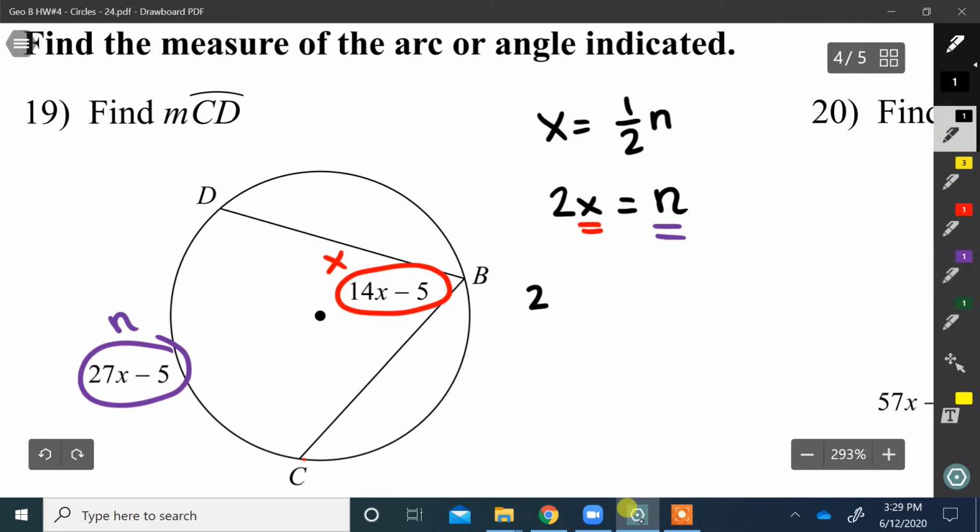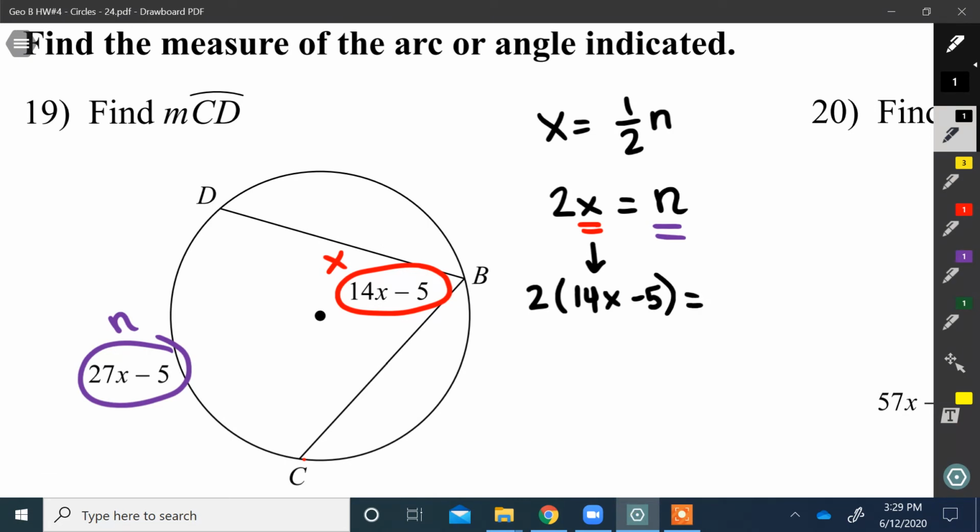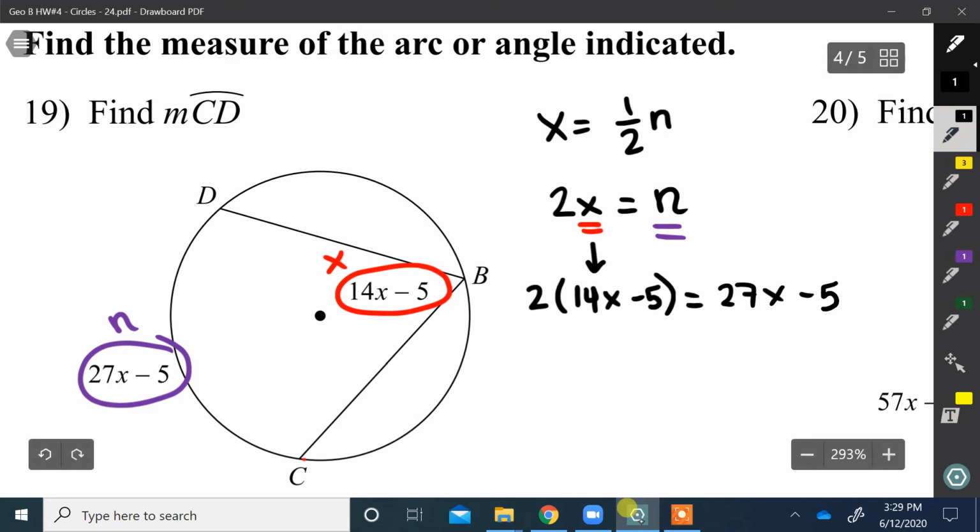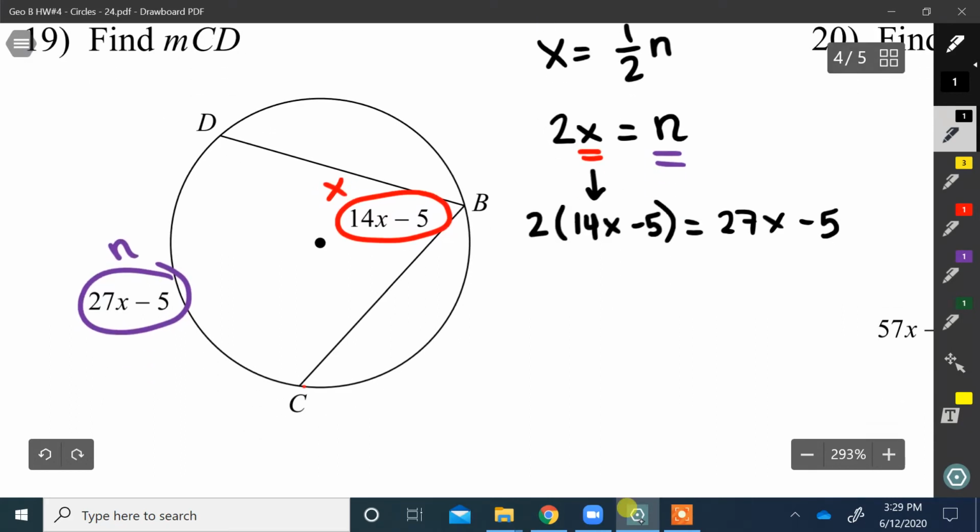So I'm going to substitute that x for 14x minus 5, is equal to the n in this case, which will be 27x minus 5. 2 times 14 is going to be 28x minus 10 is equal to 27x minus 5.